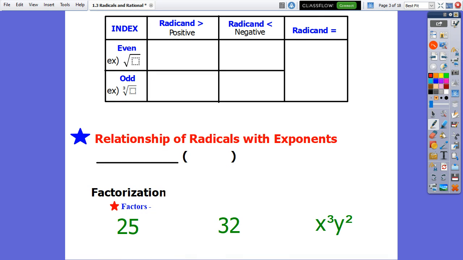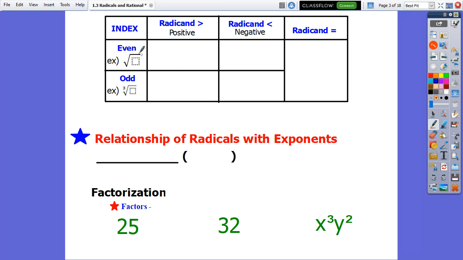Now, a couple of things here that we want to make sure that we get down. This is the understanding of radicals. Do we really understand what's going on, what can be inside, and what kind of answers we get? If the index is even, so we're looking at a 2, 4, 6, 8 as my index, the first thing is that the inside, the radicand, must be positive.